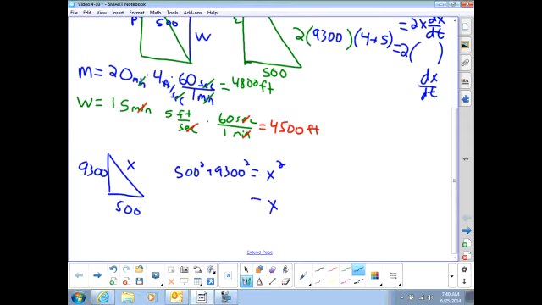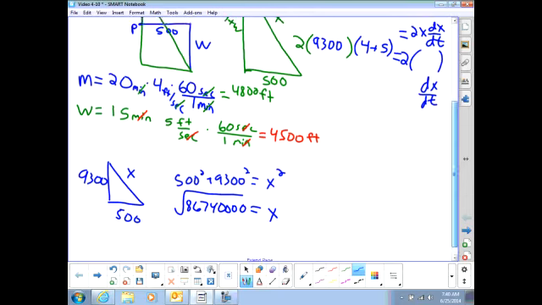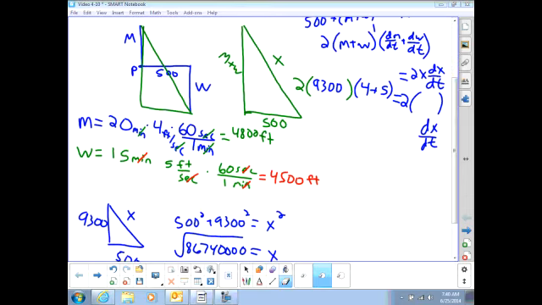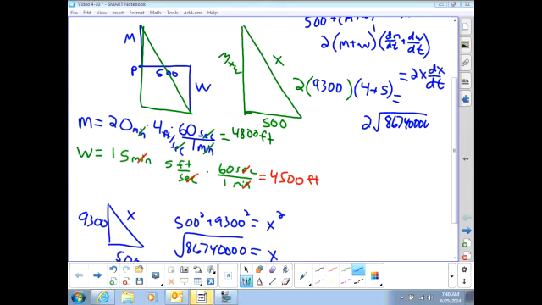And eventually we'll get x is equal to the square root of 8,674 and then 4 zeros. So it looks like we'll need some more room for that. So this will be equal to 2 times the square root of 8,674 and then 4 zeros dx dt.